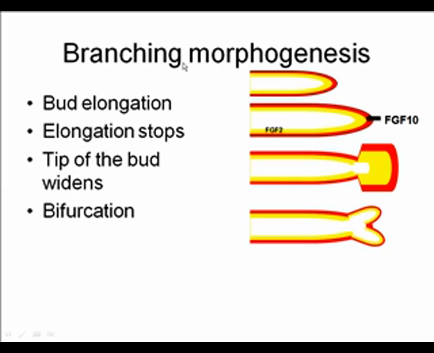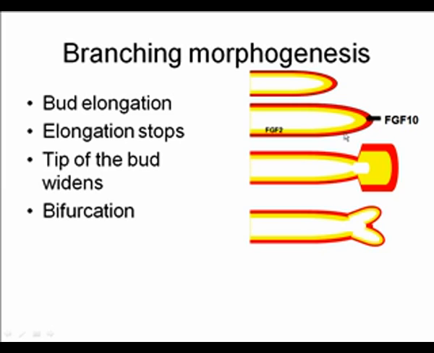Now, when we talk about this branching morphogenesis, what we see is a process that really takes 4 steps. First, the bud is going to elongate. We see that from this step to this step. Then that elongation stops, and here we see some of the interaction between fibroblast growth factor 10 and fibroblast growth factor 2.